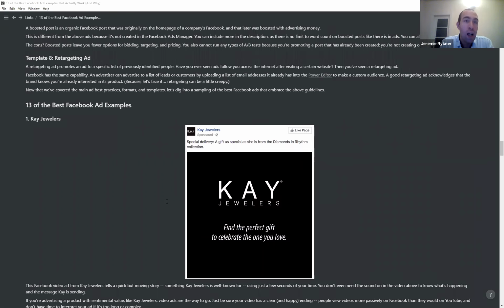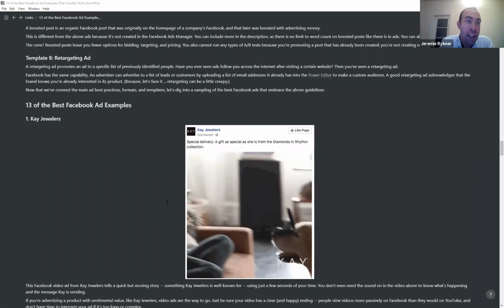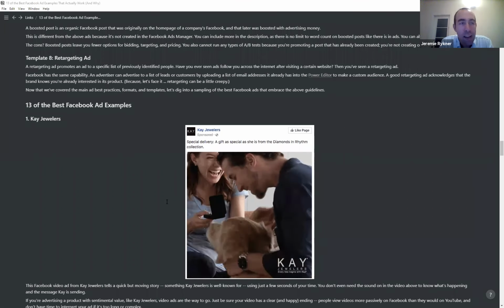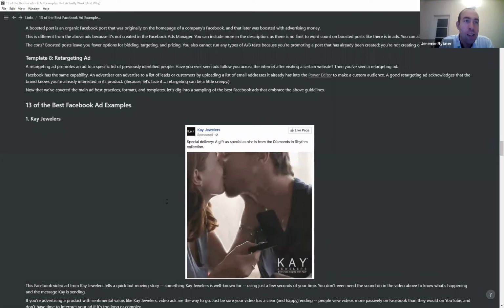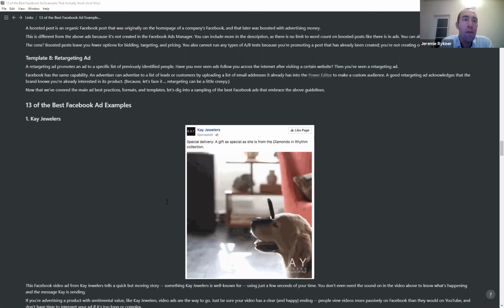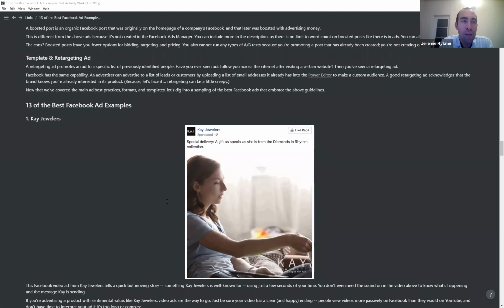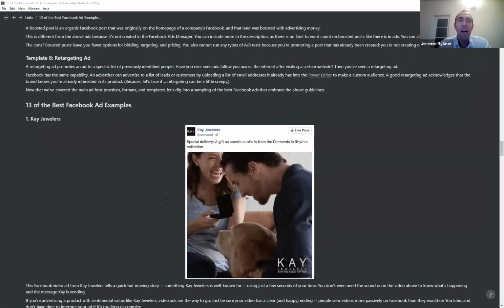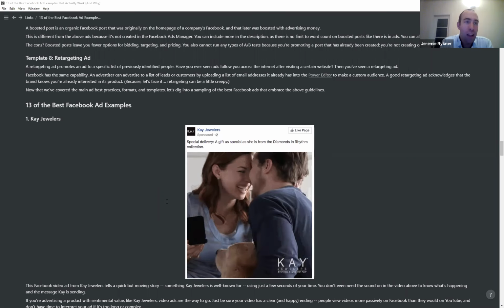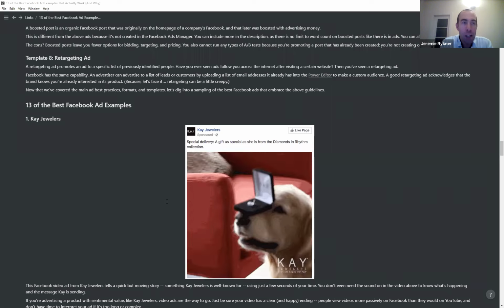If you choose a traffic campaign objective, meaning get me traffic to my website, they will show you how much you had to spend to get one visitor to your website. So always the objective that you choose on your Facebook campaign will also be reflected in the main results metric that Facebook will give you.